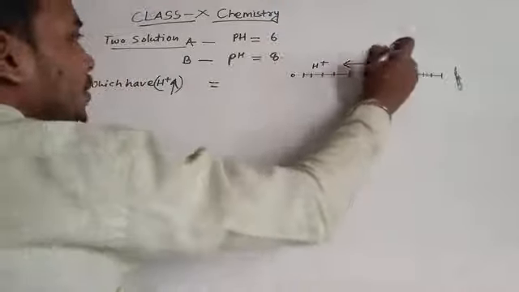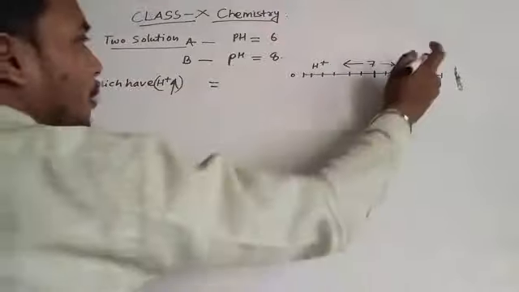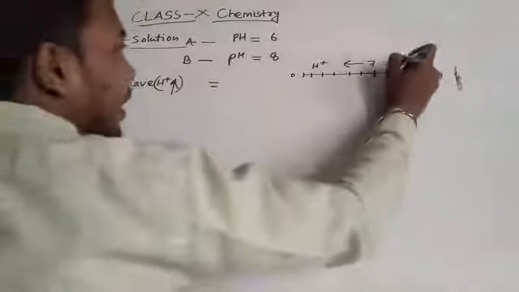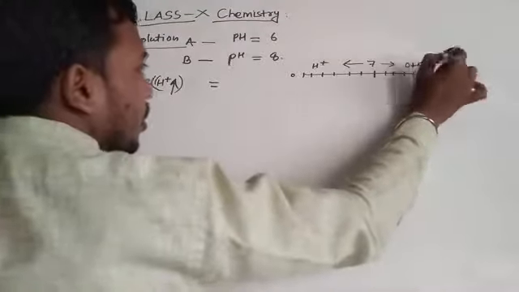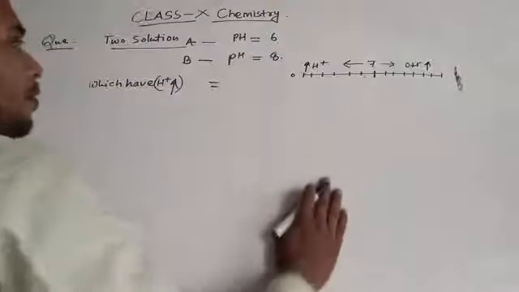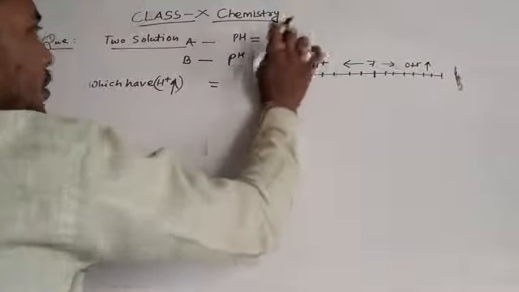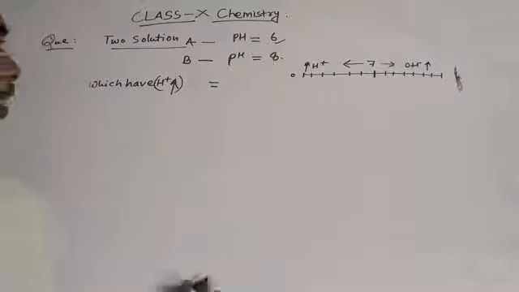When we move from 7 to the right, the OH minus concentration increases. The solution A pH is given as 6.